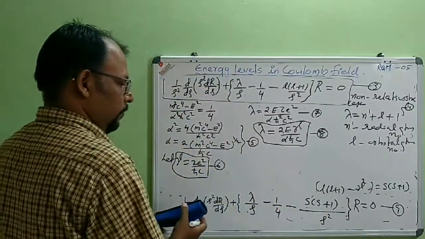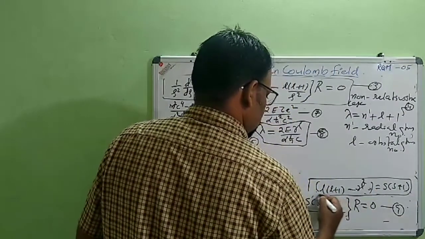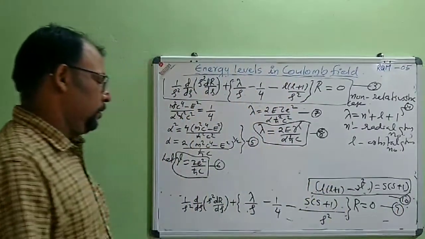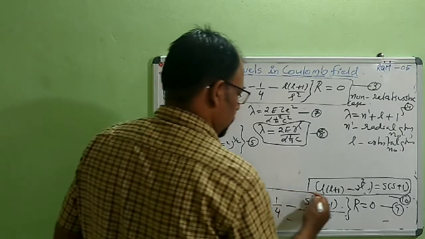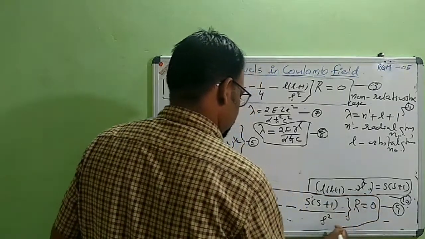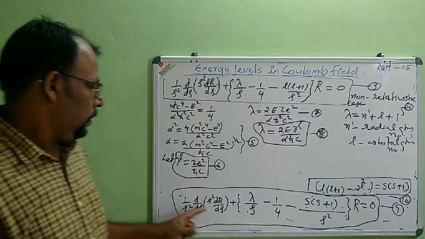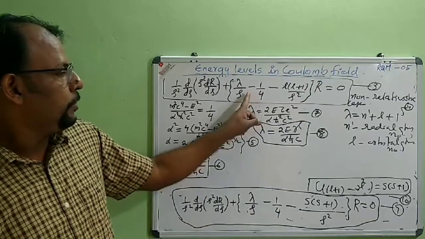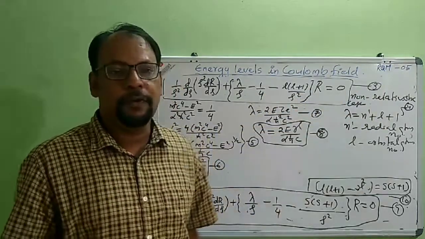This is equation number 9, and this one is equation number 10. Equation 9 is the radial part of the relativistic wave equation, identical to equation 3, which is the radial part of the non-relativistic wave equation.